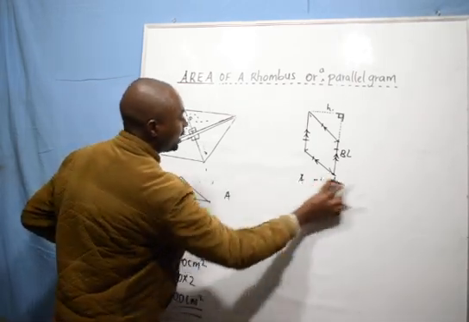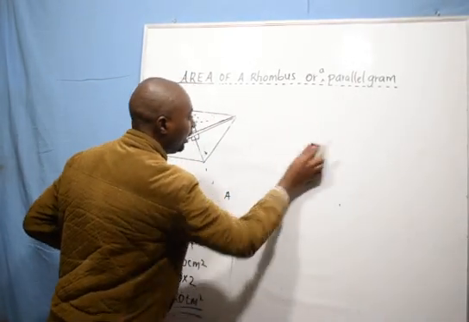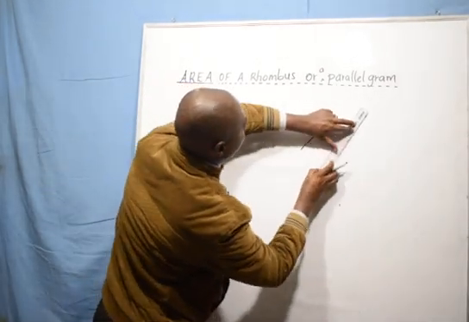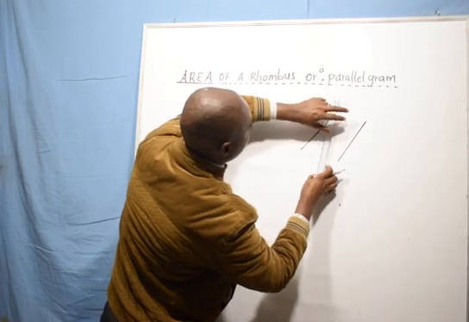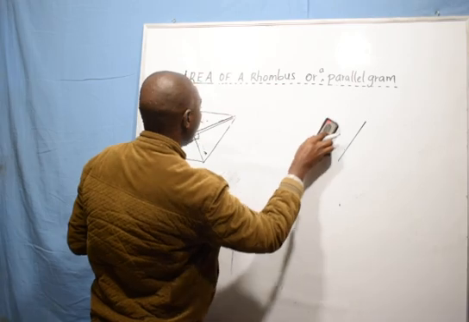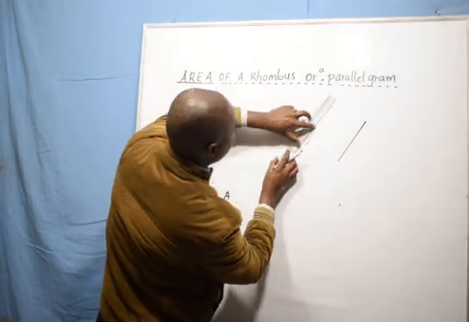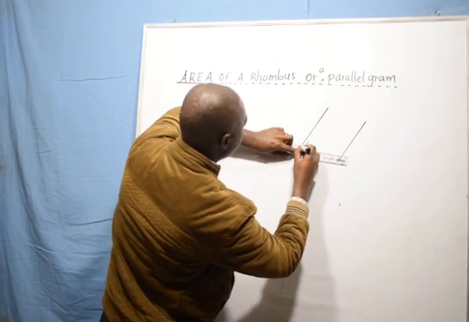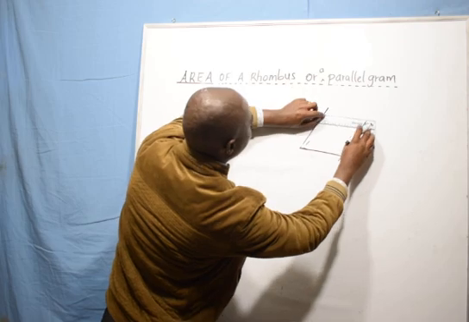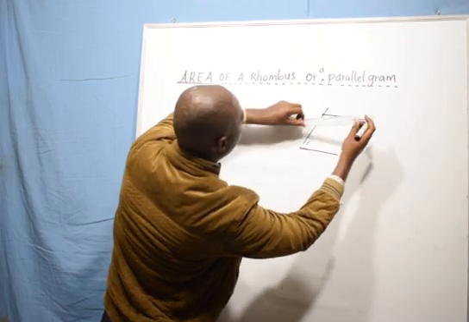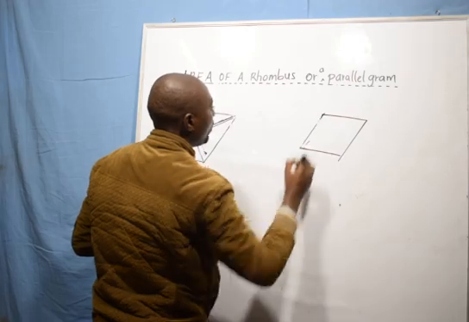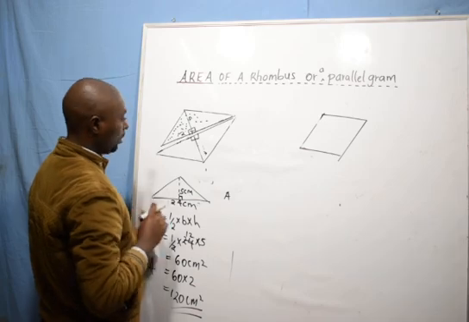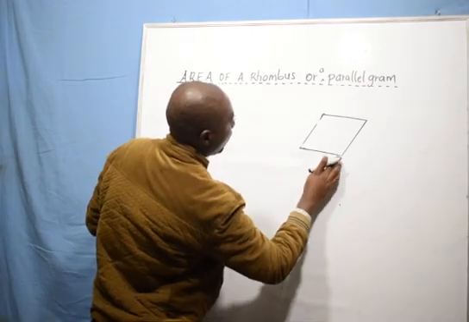Why is this formula important? Because at times we are given questions where you are given that this is a rhombus, another rhombus here, and you are expected to get the area with only one diagonal given, like this.